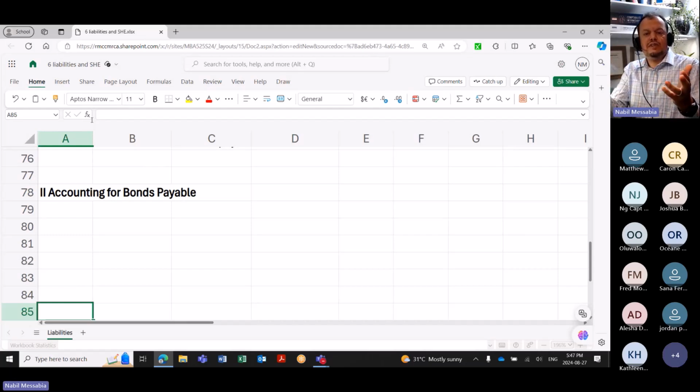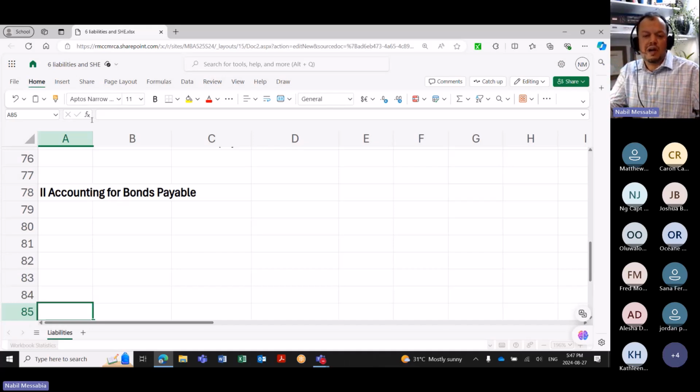But if for some reason these two options are considered very expensive, you may ask how come issuing shares is expensive? Yes, share capital has a cost also. Anyway, we will see it within the shareholder equity section.